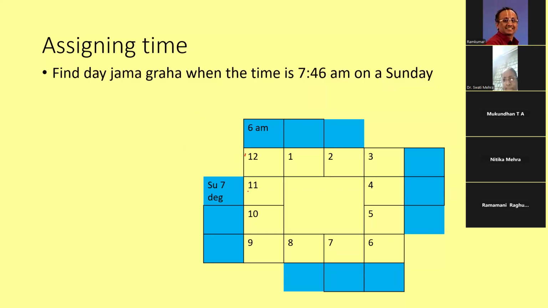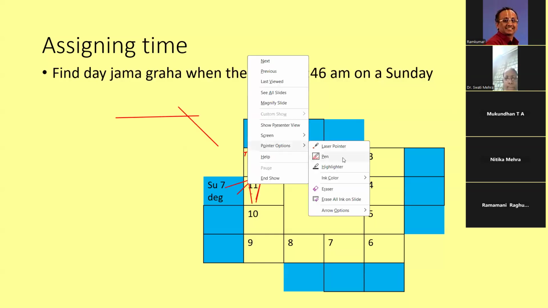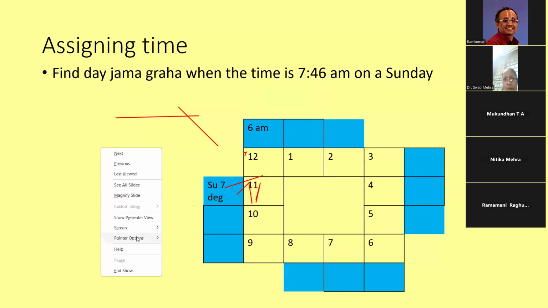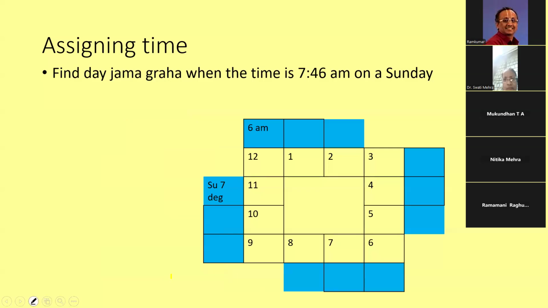Then 7 to 8 is going to be... Why is my pen not working? One second, hold on. Okay. So between 6 to 7, where will the Jama Graha be?